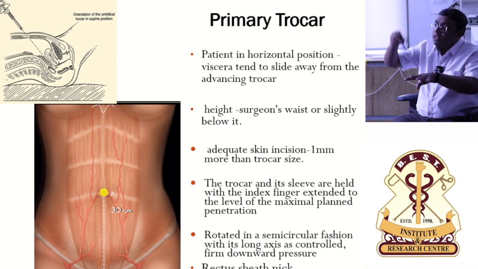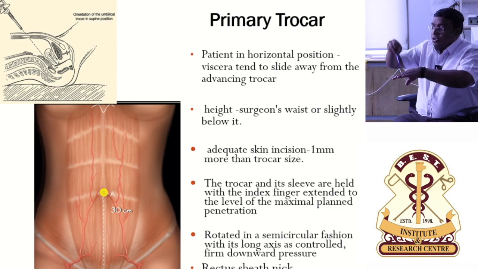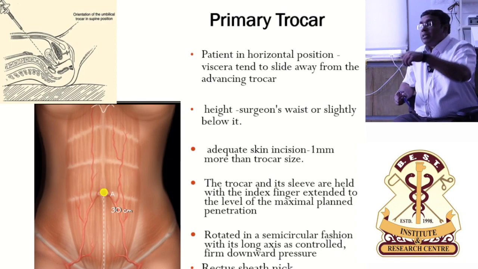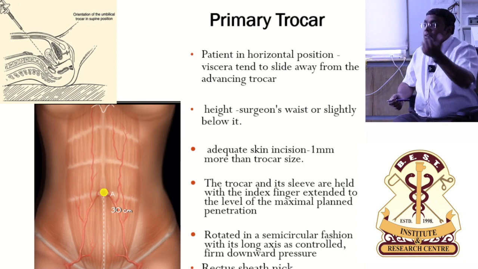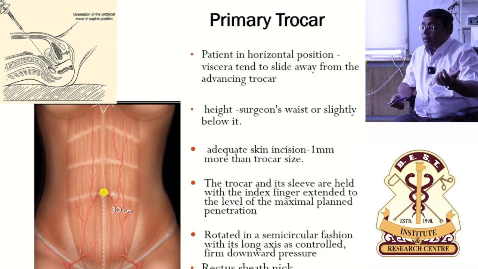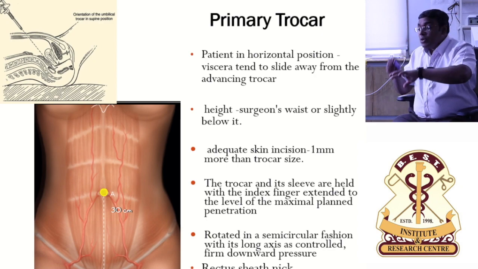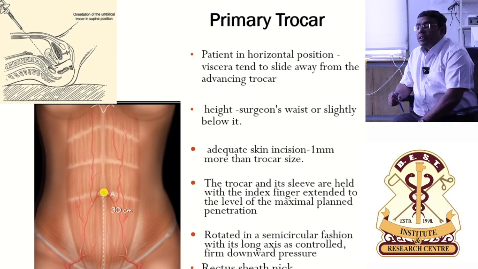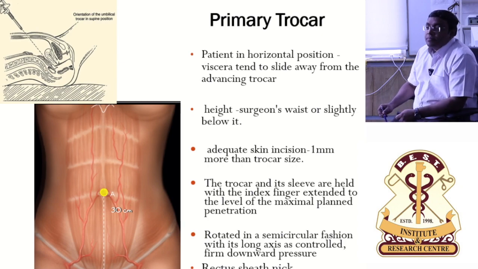Otherwise, if you have given a nick here, but you are trying to introduce the Veress needle or trocar there, it won't go in. And when you have given a nick and you are introducing your trocar, or the Veress needle, you can do the same for the Veress. You should not apply the same amount of pressure you applied prior to giving the nick, because once you have given an incision on the rectus sheath, the amount of pressure required will definitely be very, very less. Okay.